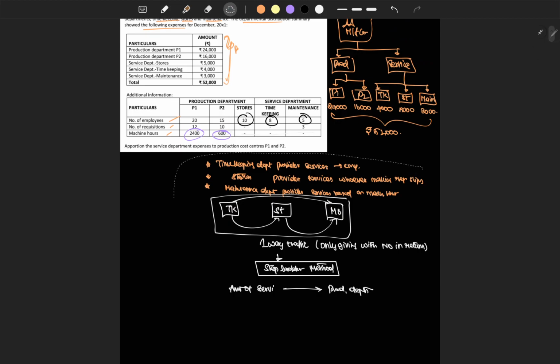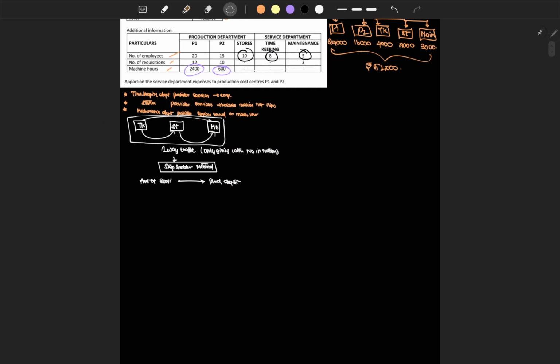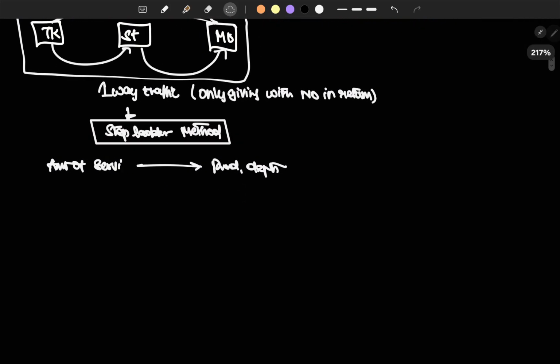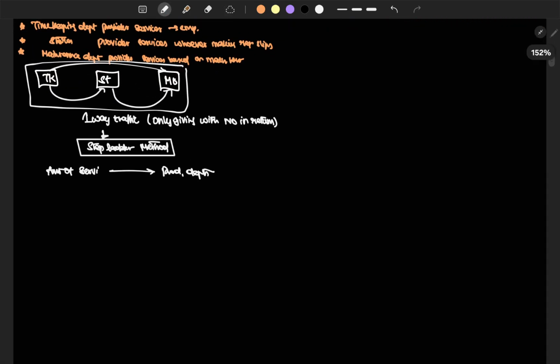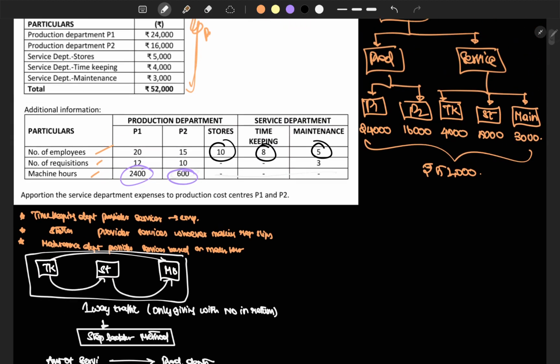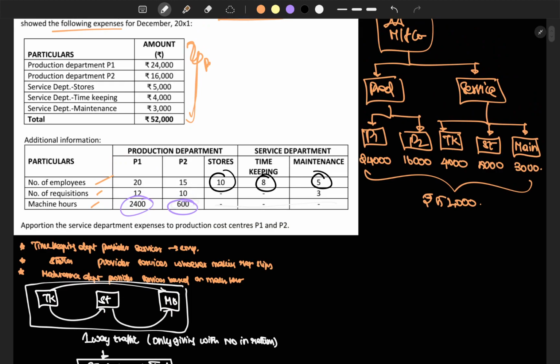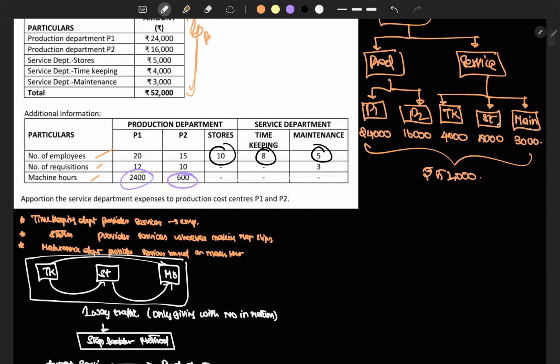Let's take this. I think our answer starts here. First, we understood the primary distribution values apportioned to every department: P1, P2, timekeeping, stores, and maintenance.